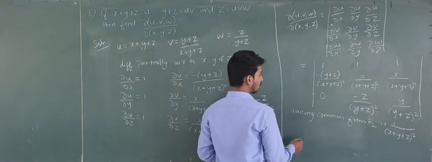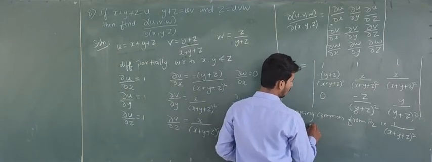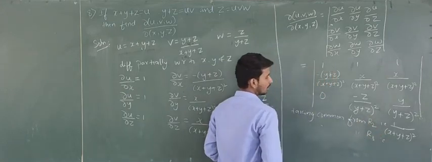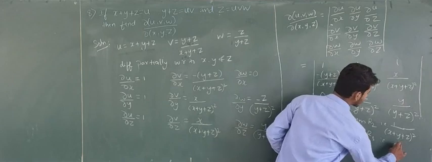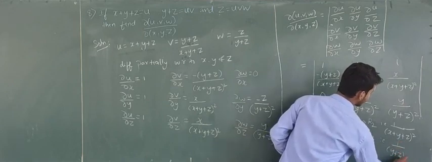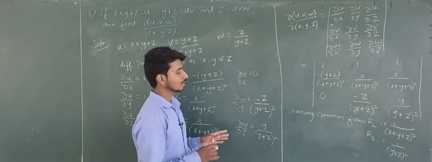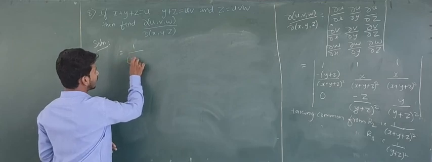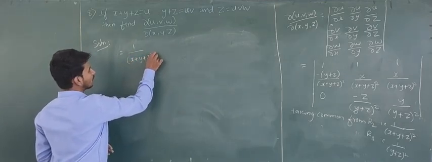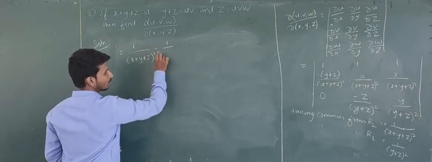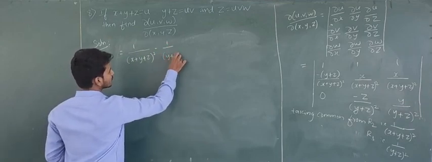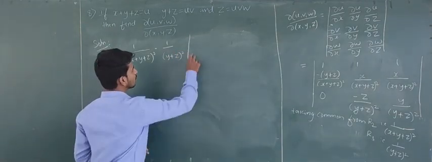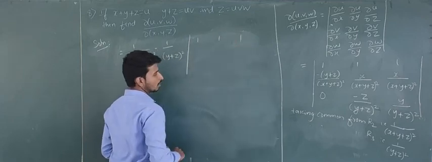From row 3 we can take common, again taking common from R3, 1 divided by (y plus z) whole square. We have taken common 1 divided by (x plus y plus z) whole square into 1 divided by (y plus z) whole square into the determinant, that is 1 1 1.